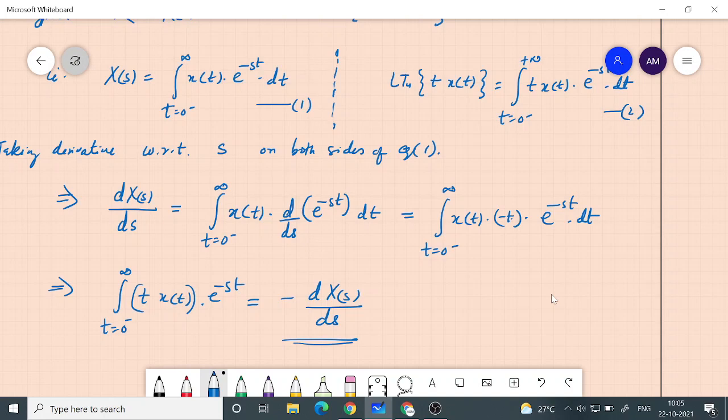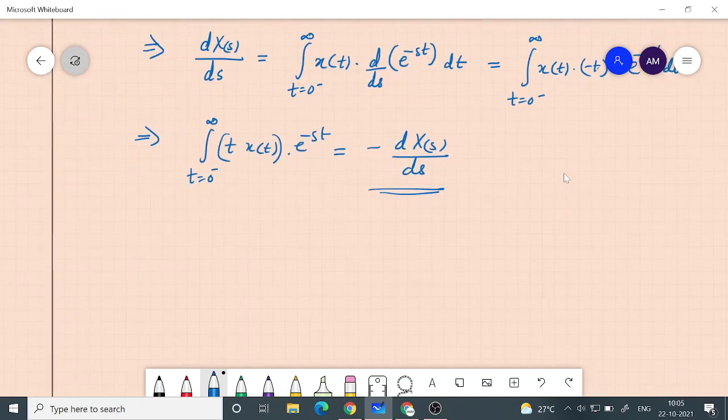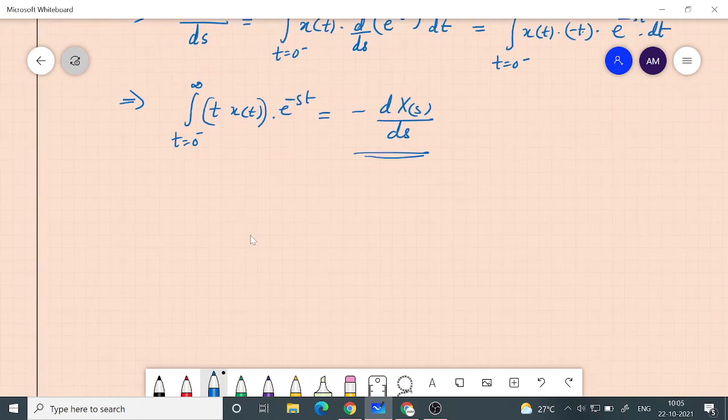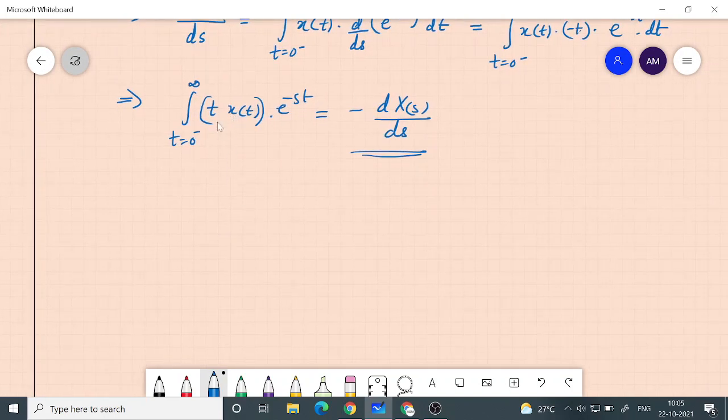This is a very useful property to extend some of the results that we have already obtained to cover functions which are multiplied with t.